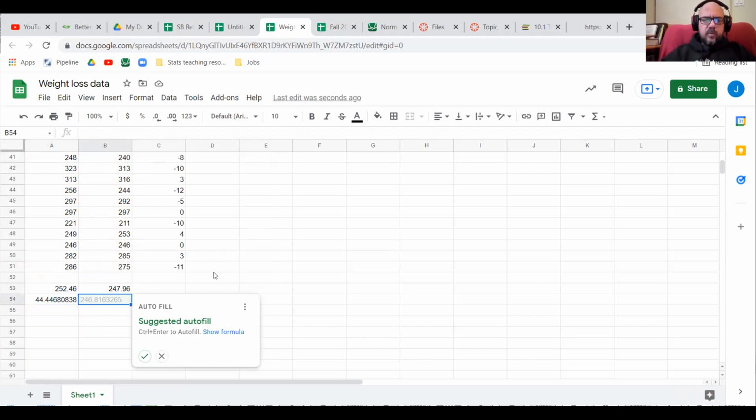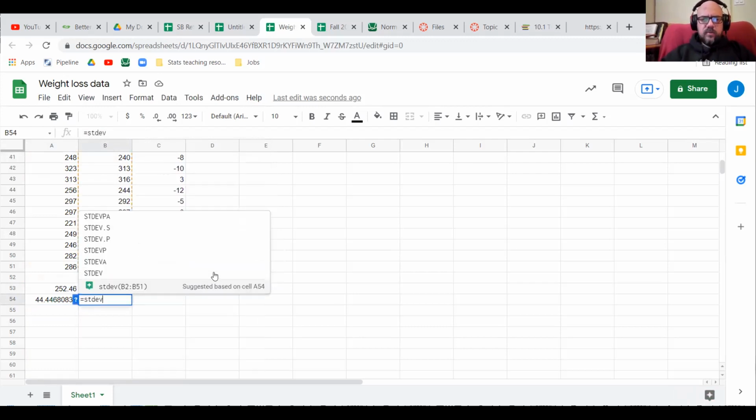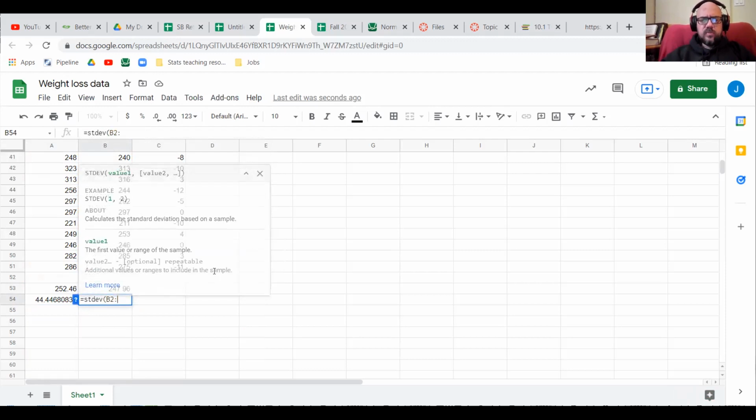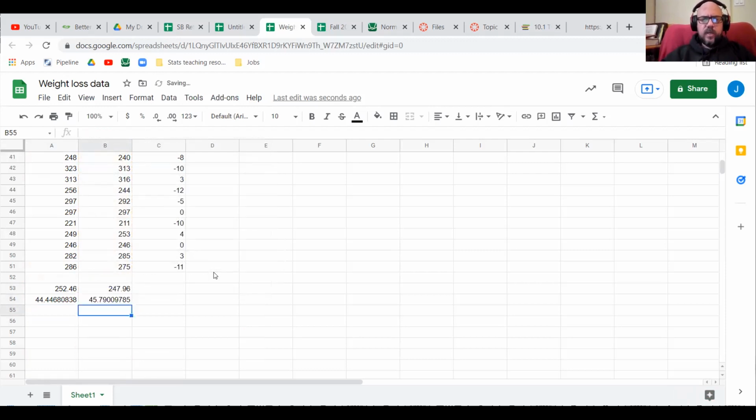Now, I want to do standard deviation here. Standard deviation of B2 to B51. So it looks like the average weight loss was like 4.5 pounds. That's not a tremendous amount of difference in the average. And the standard deviations are like 44 and 45 pounds.